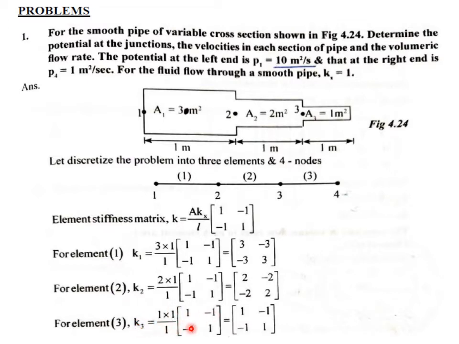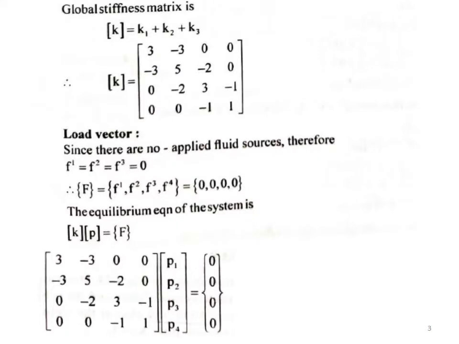And for element 3, K3 is equal to 1 into 1 divided by 1, [1 minus 1; minus 1 1]. So it will give us [1 minus 1; minus 1 1]. So 3 elements, 3 elemental stiffness matrices, K1, K2 and K3.